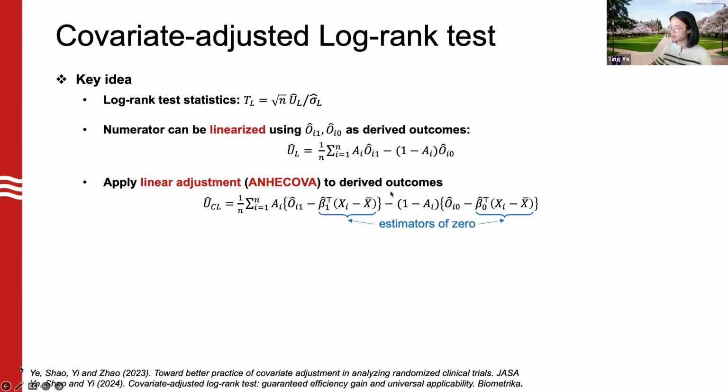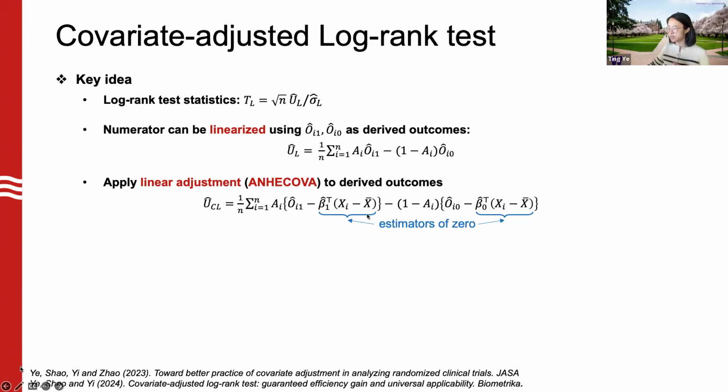These adjustment terms work because they are estimators of zero, since the covariates are balanced across arms. So the flavor of this is that we obtain the original log rank test numerator and subtract something. This thing is estimated by linear regression to make sure it always reduces the variance of the statistic.